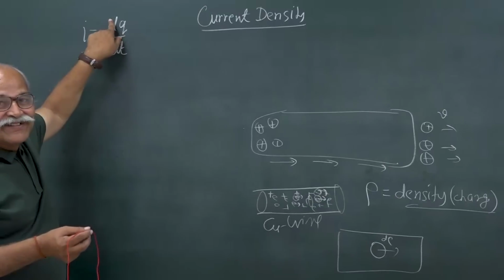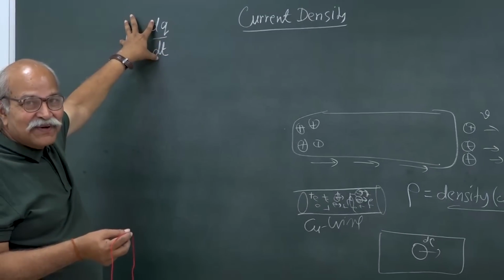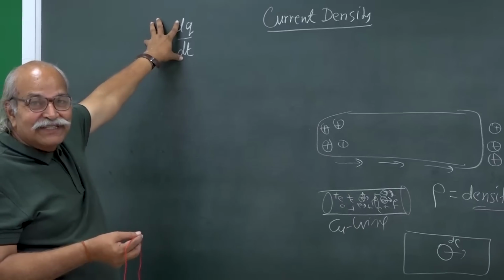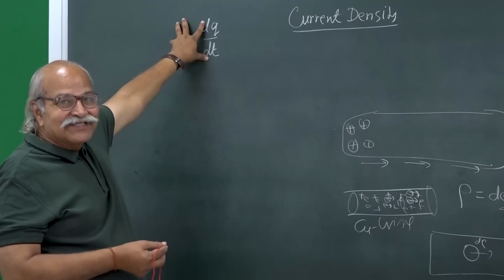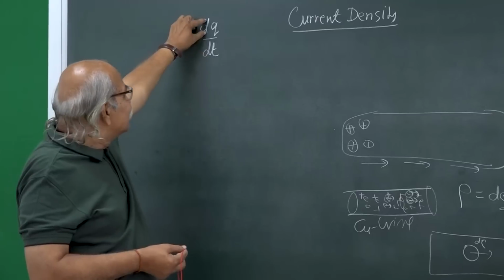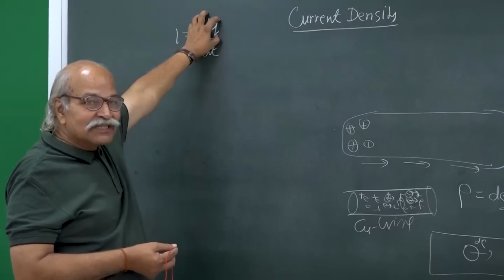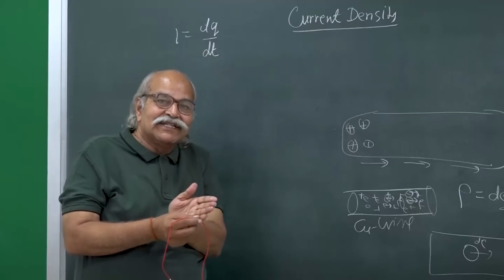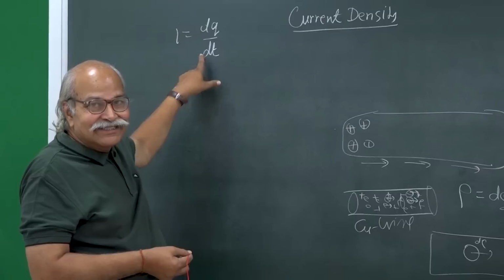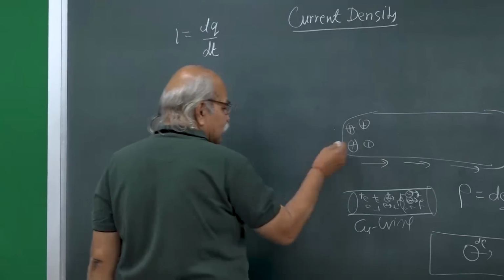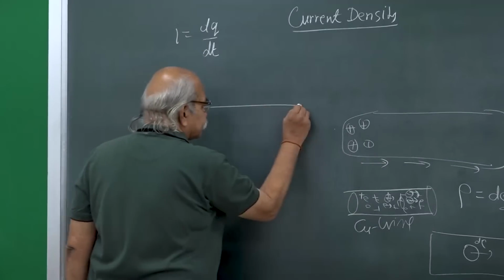Okay. So understanding the equation is very important. Remembering the equation is important, but more important is understanding the equation. So this dq is the charge which goes from one side of the chosen area to the other side in time dt, right.